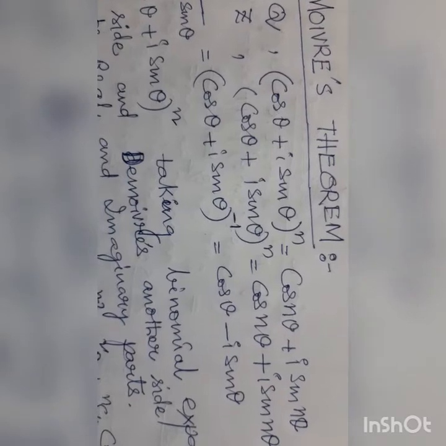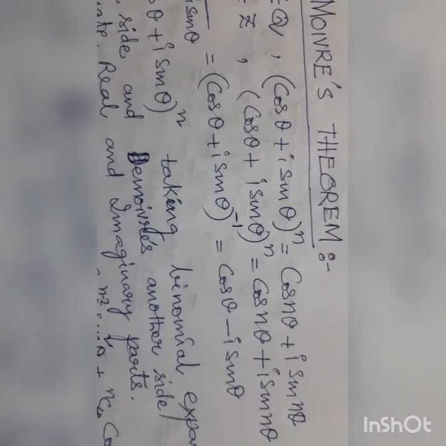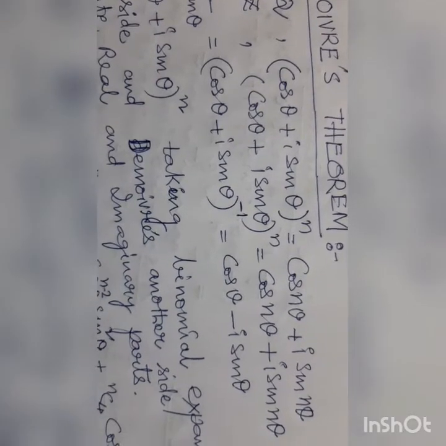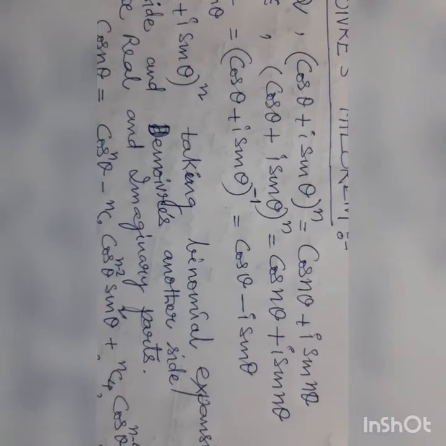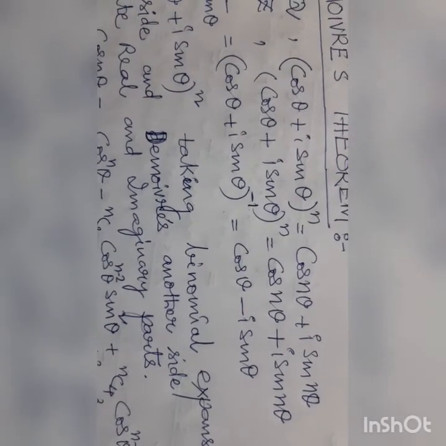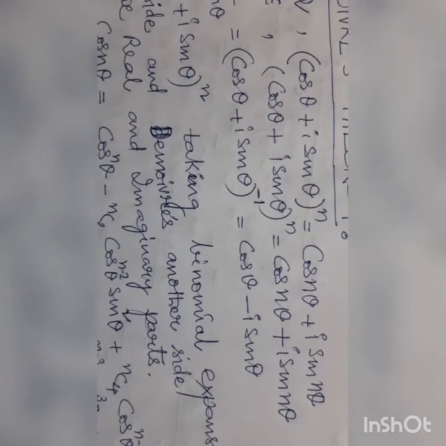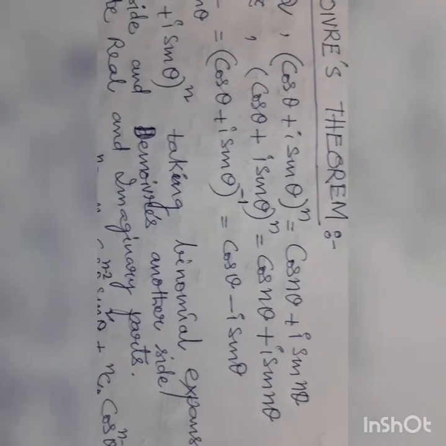(Cos theta plus i sin theta) whole power minus 1 is cos of minus theta plus i sin of minus theta. Cos of minus theta is cos theta. Sin of minus theta is minus sin theta. So cos theta minus i sin theta.